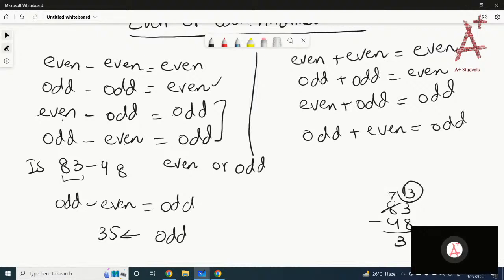You don't need to subtract them. You can check using these rules if the answer is even or odd. Okay, the next example is 15 plus 50, even or odd?